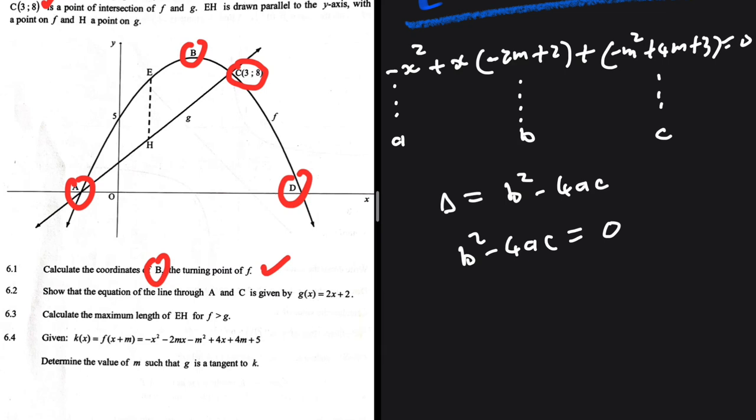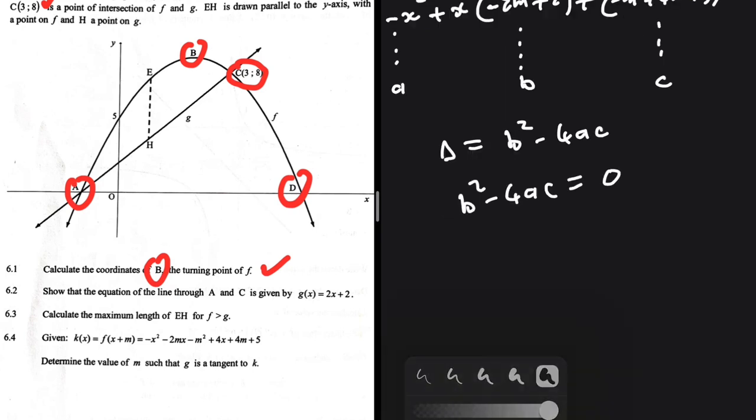Okay, so b squared, that is going to be minus 2m plus 2 squared, and then minus 4. a is minus 1, and c is minus m squared plus 4m plus 3.